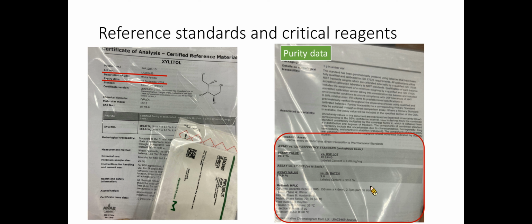For internally or externally generated reference standards that do not have a COA, you should provide evidence of the standard's identity and purity in addition to the source and the lot number. When using an expired reference standard, you should provide an updated COA or re-establish the identity and purity of the standard.